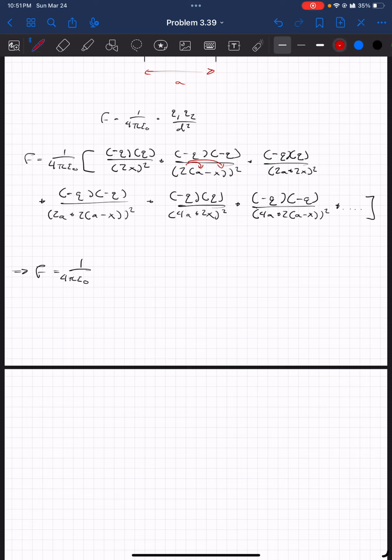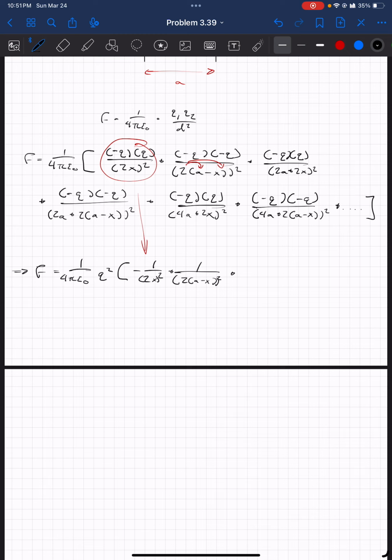And for each of these distances and forces, we will just consider q squared, so I will pull out q squared from each of them. And from the first, I will just have negative 1 over 2x squared, as you can see here. And it is negative from q times q. Next, I will have positive 1 over 2 times a minus x squared.